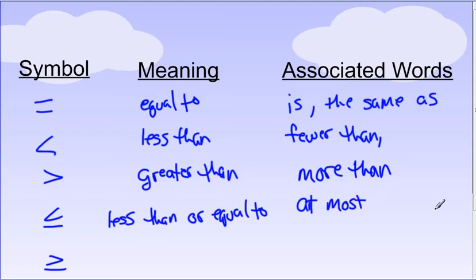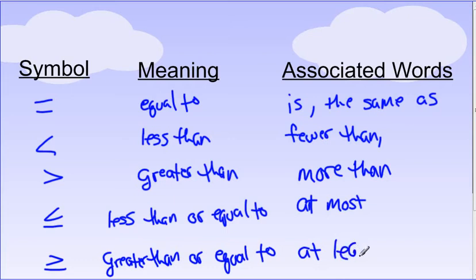If I said, I am at most 29 years old, that means I can't be more than that, so I'm either 29 or less. The last one is greater than or equal to, and if the other was at most, this would be at least. Make sure you understand which symbols go with which words.